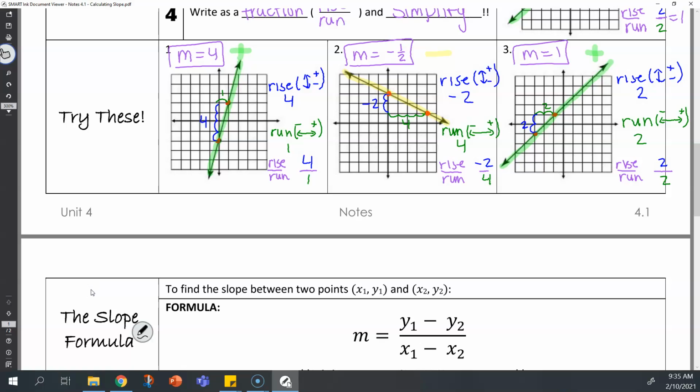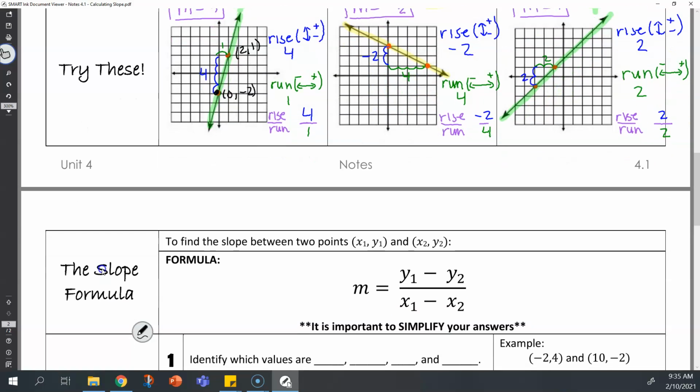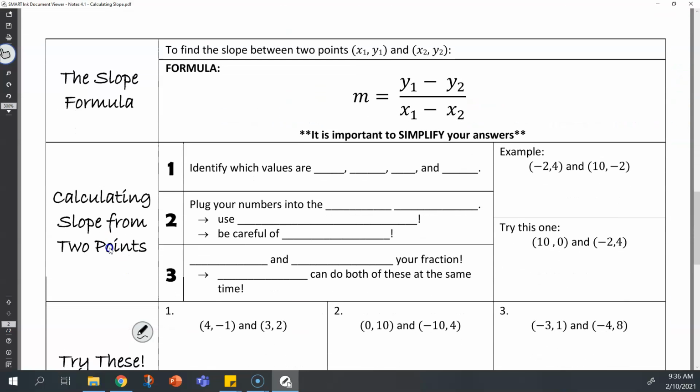Okay, so for example, in my first number 1, this point here is located at 0, -2, and this point is located at 2, 1. Okay, so in some examples, instead of giving you the graph of the line, they're going to give you 2 points that fall on that line. They'll give you those coordinates.